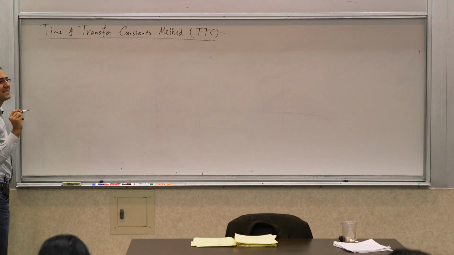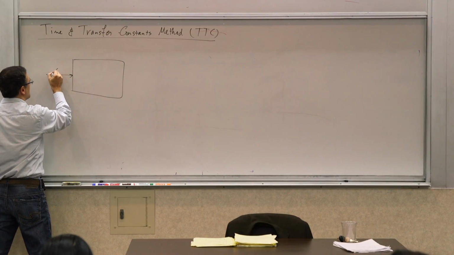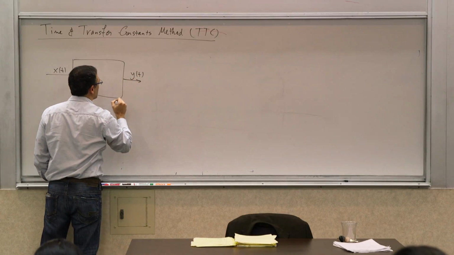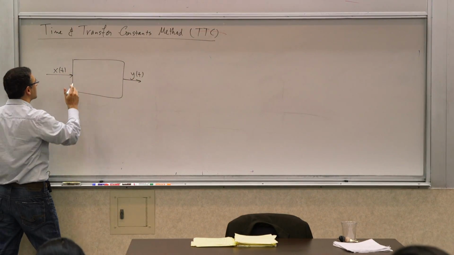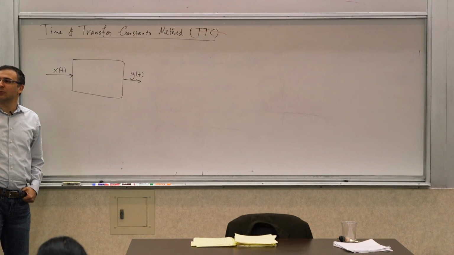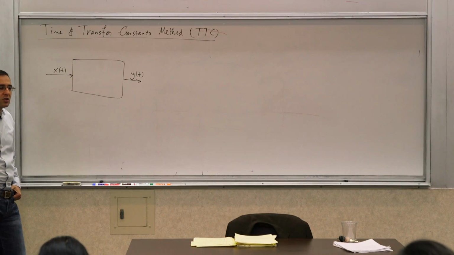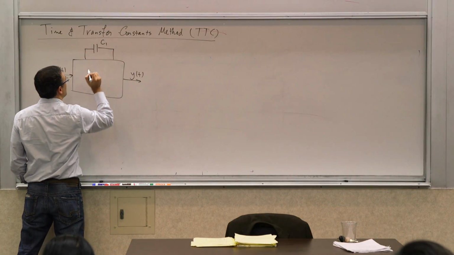So I'll start with a very simple system. Let's say you have a first order system that has an input x of t and output y of t. Let's say this is a circuit. Now, if it's a first order system, it means that it has one energy storage element, or independent energy storing element. Let's start with the case of a capacitor, let's call it C1.